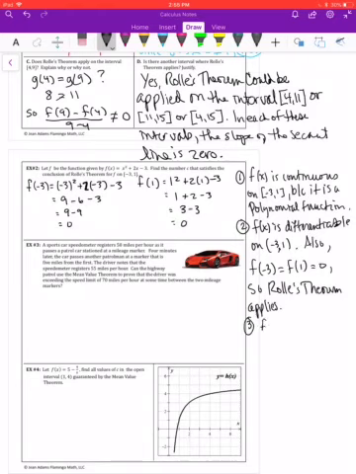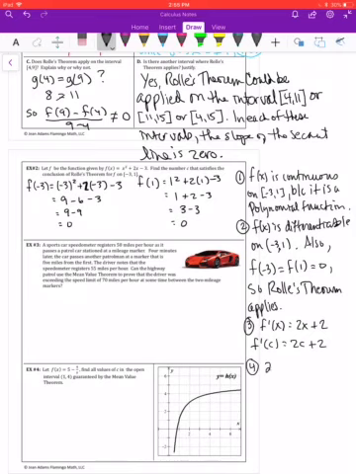So now what I have left to do is calculate f prime of x. So it will be 2x plus 2. If it were f prime of c, it'd be 2c plus 2.